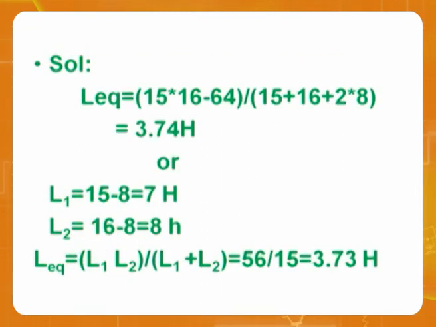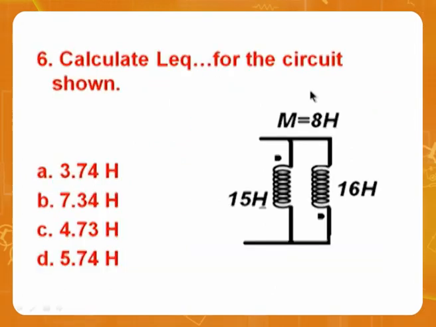Come here. As I gave in the explanation, L1 into L2 minus m squared, so L1 L2 minus m square, 8 square, 64, by L1 plus L2 plus 2 into m. Why plus 2? Because these two are opposite.